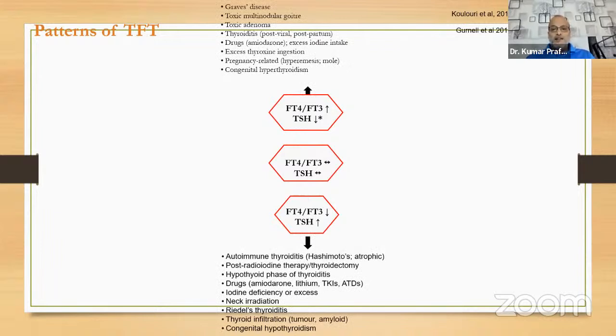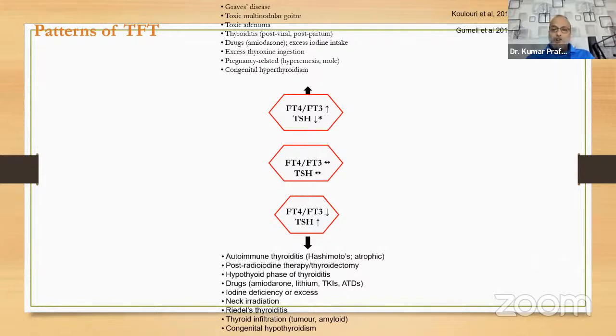Hyperthyroidism, that is decreased TSH with increased free T4 and free T3, is seen in Graves' disease, toxic nodular goiter, toxic adenomas, in acute phase of thyroiditis, when there is increase of thyroid hormone leading to feedback mechanism decreasing TSH secretion. Drugs like amiodarone, excess iodine intake, excess thyroxine ingestion, pregnancy related hyperemesis or mole, and congenital hyperthyroidism. These are the conditions in which hyperthyroidism is there with increased thyroid hormone level and decreased TSH level.